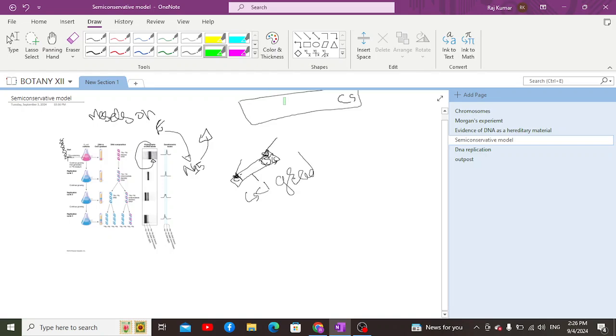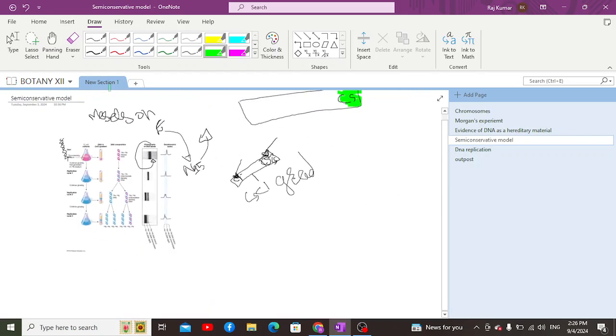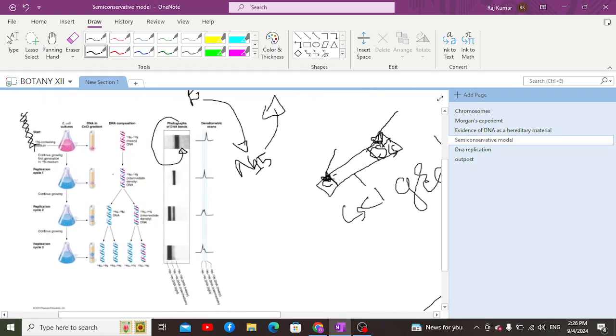Let me just color it a bit, such that it was present on the side of cesium atoms, where there were both N15 chains, and thus the DNA structure was a heavy DNA.